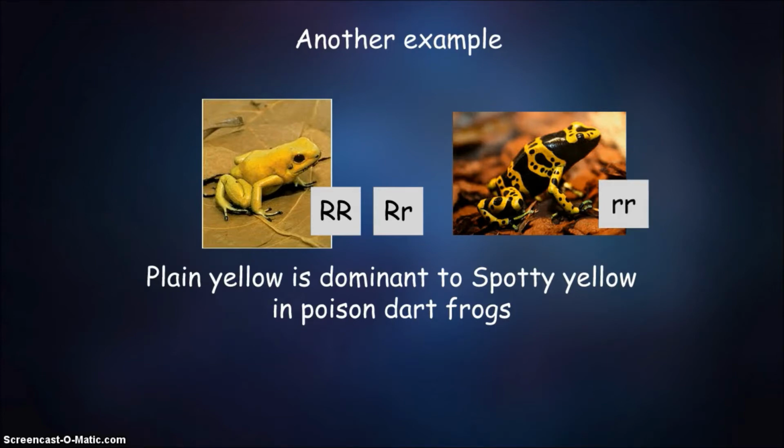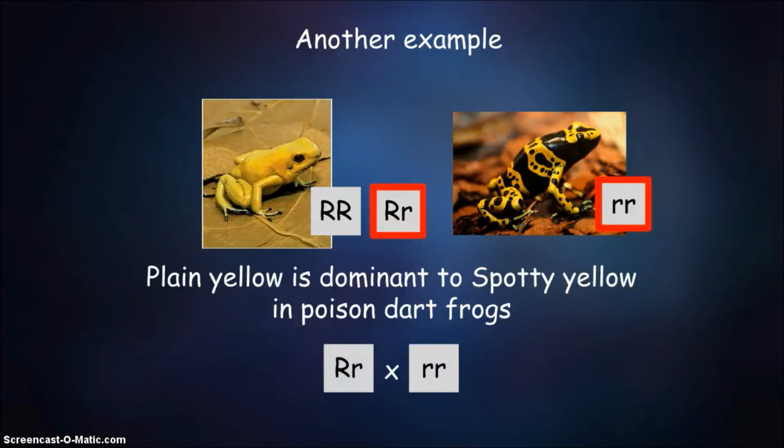With the spotty frog, there's really only one combination, lowercase r, lowercase r. But for the sake of our mating here and our genetics problem, let's go ahead and choose the combination with the capital R and the lowercase r for the plain yellow frog, and of course the two lowercase r's for our spotty frog. So here's our cross down there at the bottom.